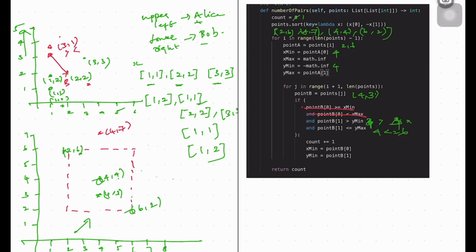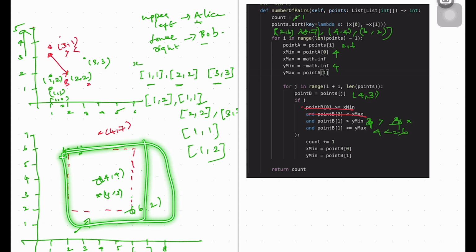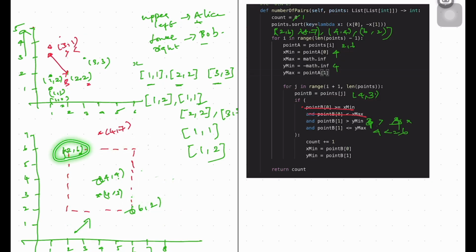No. So we know something greater than this already formed a fence. So that won't form. Next, 2 comma 6 and 6 comma 2 also won't get formed. So with 2 comma 6 you can form only with 4 comma 4.